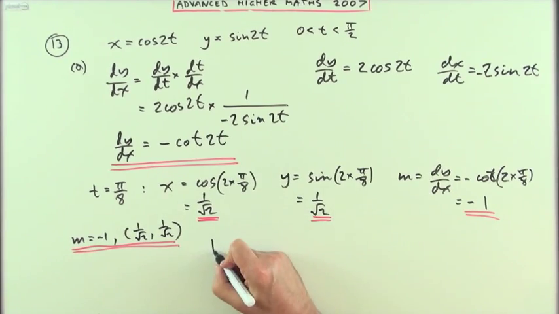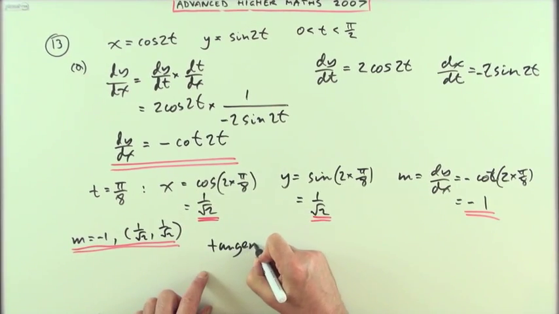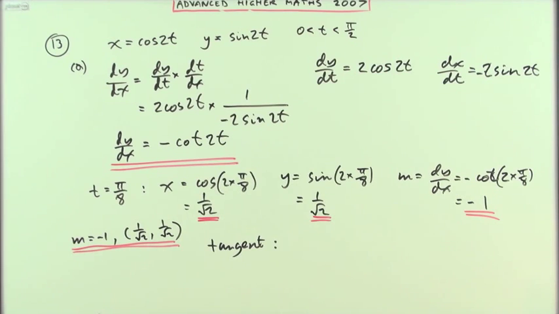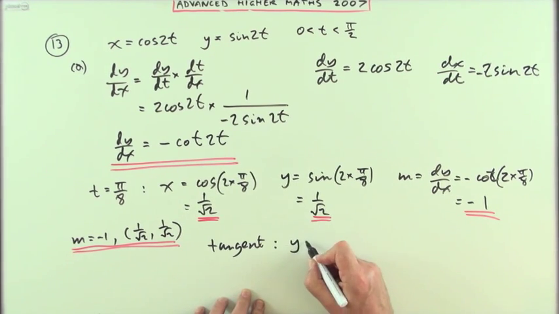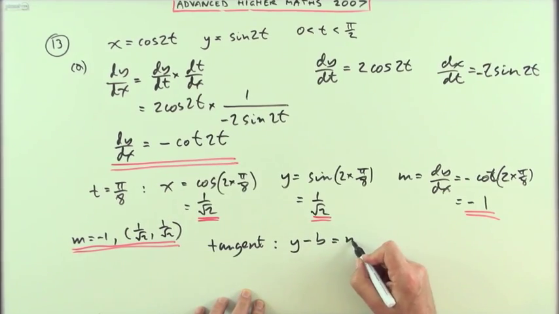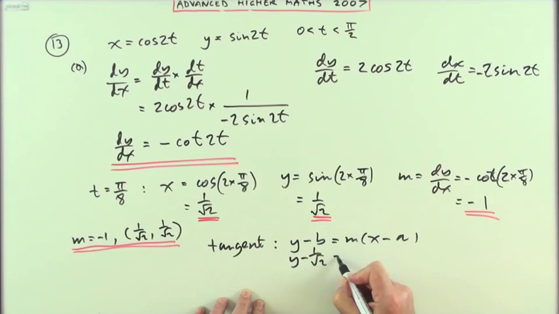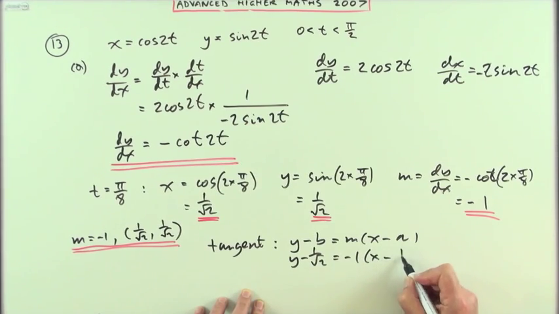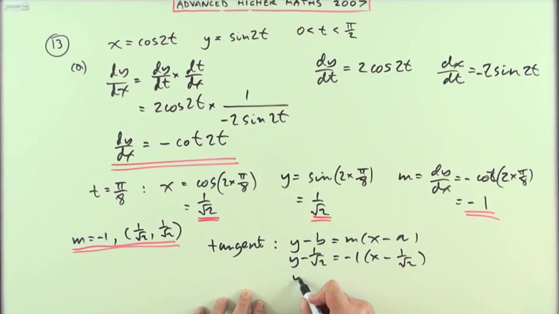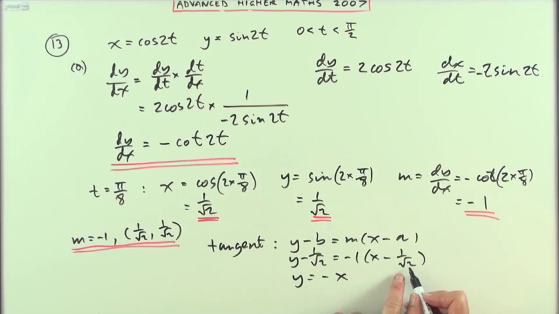Now I can get the tangent. It's the equation of a line. I don't happen to know where it cuts the y-axis, so I'll have to use the full equation. Y minus b equals m times x minus a. Y minus 1 upon root 2 is negative 1 times x minus 1 upon root 2. So y is going to equal negative x plus 1 upon root 2 plus 1 upon root 2.